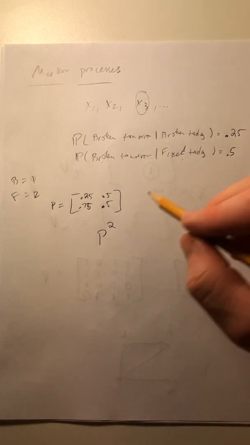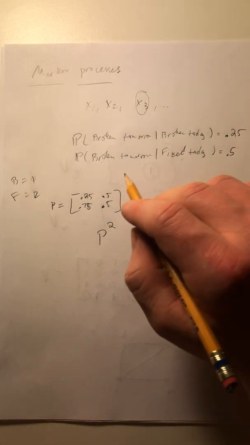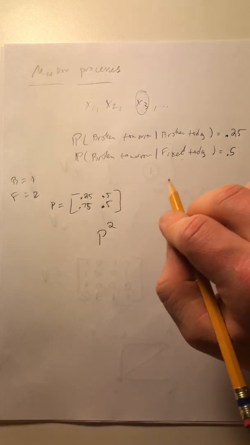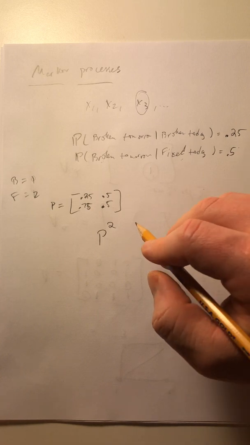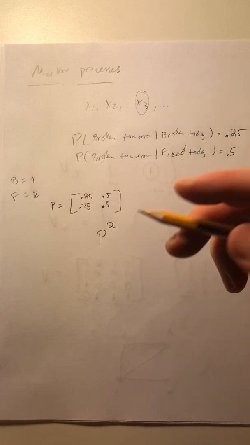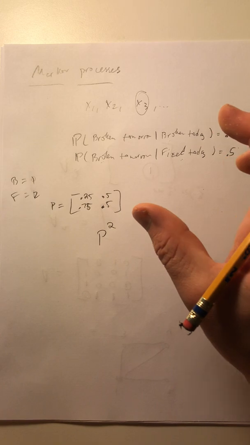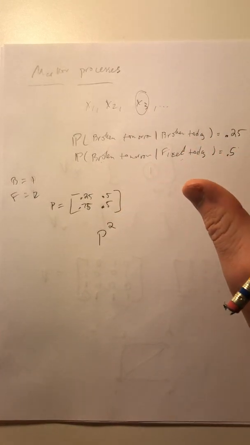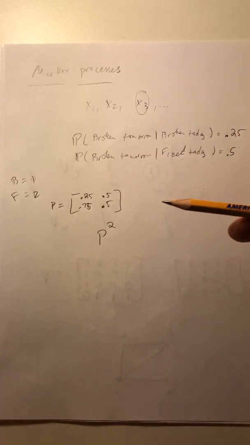I can look in row 1, column 2, that's going to tell me the probability that it's broken 2 days from now, given that it's fixed today. Okay. So raising this thing to powers, just like the adjacency matrix goes from single edges, length 1 paths, to higher length paths, this tells me about transitions from one day to multiple days.